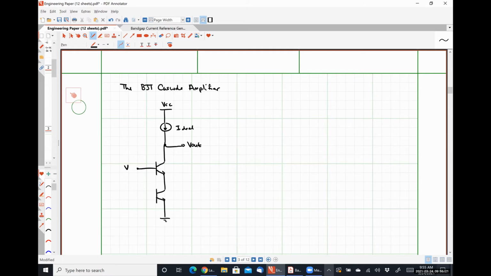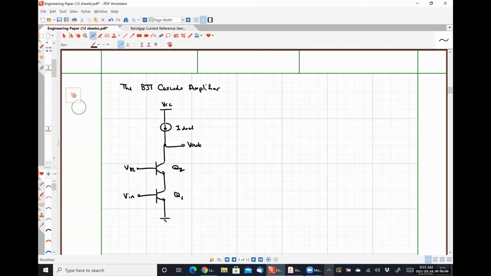So we're going to apply a fixed voltage to the base of transistor 2. We're going to apply our input voltage to the base of transistor 1, and we are taking the output voltage at the collector of transistor 2.